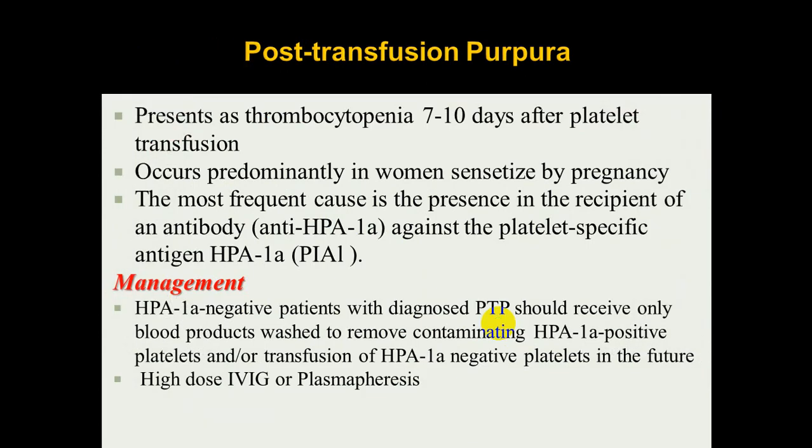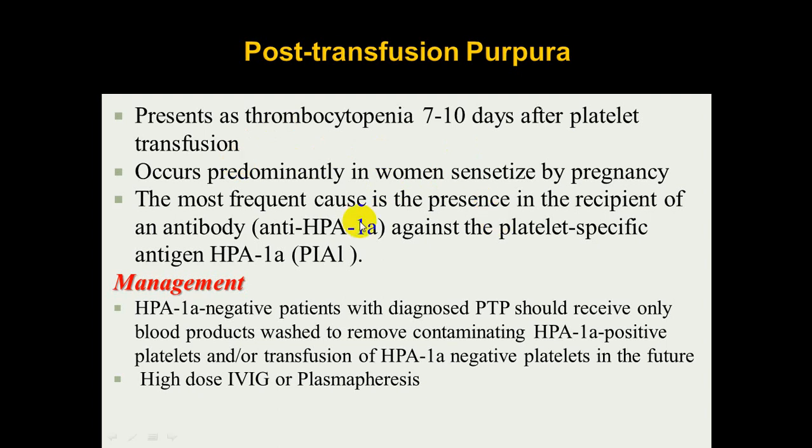Post-transfusion purpura occurs as thrombocytopenia 7 to 10 days after blood transfusion, usually predominantly in women sensitized by pregnancy. The story is usually a pregnant woman with anemia who receives blood transfusion. After 10 days, they develop subcutaneous purpuric bleeding due to thrombocytopenia.